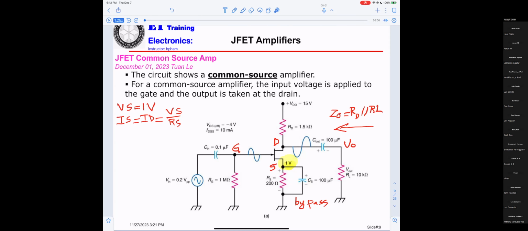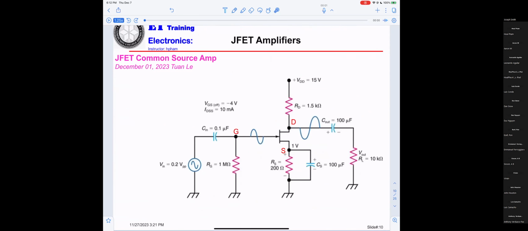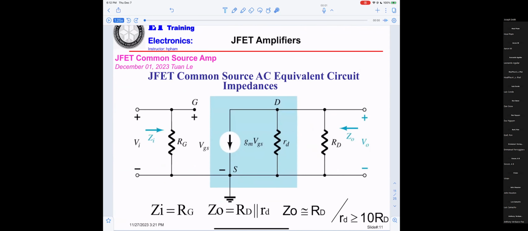Okay, let's see any calculation. They just given you everything. There isn't any calculation here. Now this is the one. First one, G in equals RG.